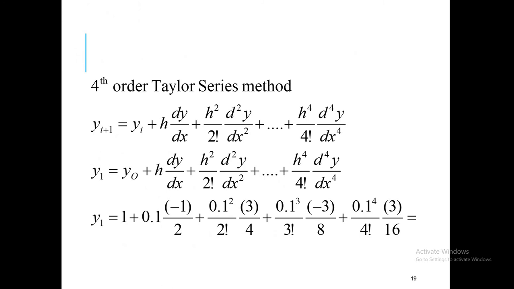Yeah, so these are the four equations which we are going to use for the evaluation, but we are not done yet. We need to evaluate the various derivatives at the given points. Since we are looking for y1, which means your n has to be 0. You understand? If n is 0, then you get y1.